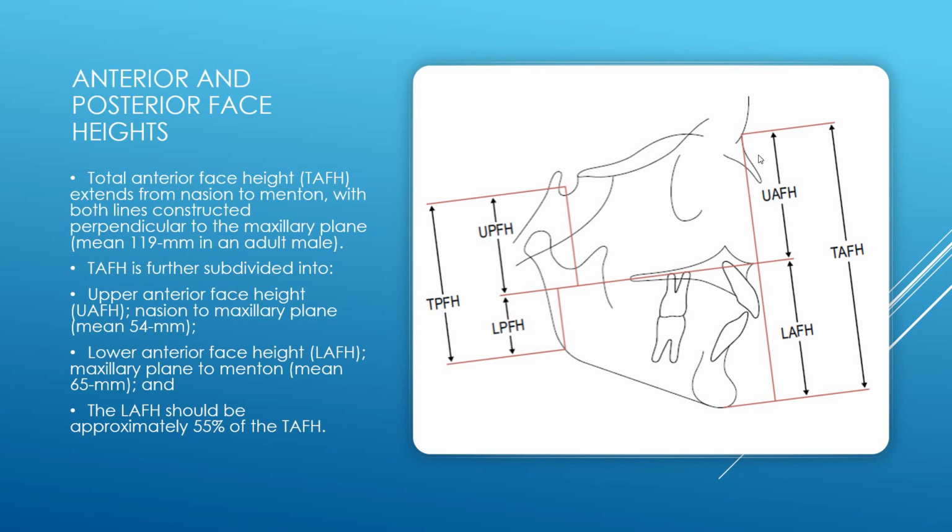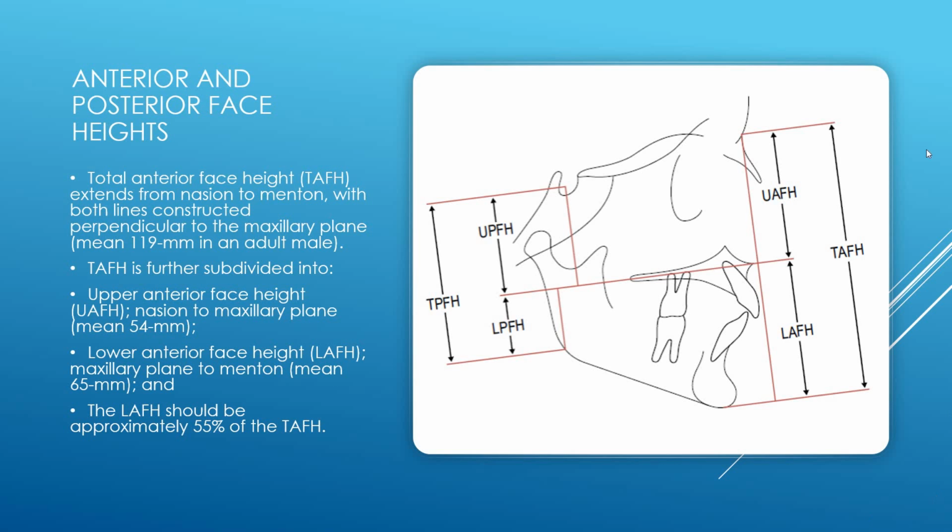First we evaluate the total anterior facial height, TAFH, which extends from nasion to menton, with both lines constructed perpendicular to the maxillary plane, and the average mean is 190 millimeters in an adult male.